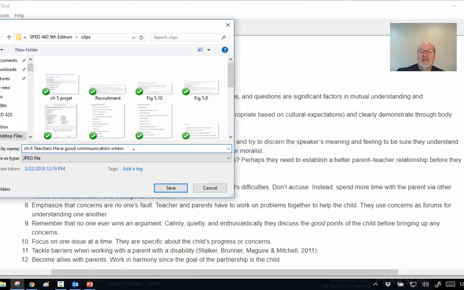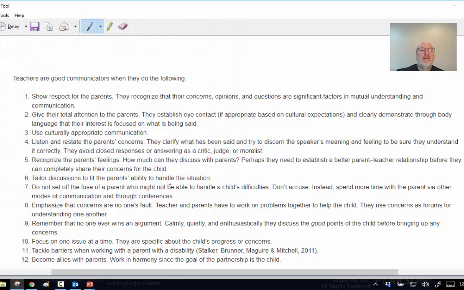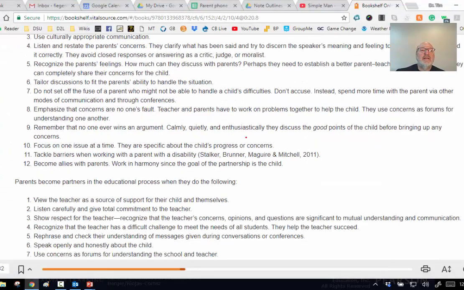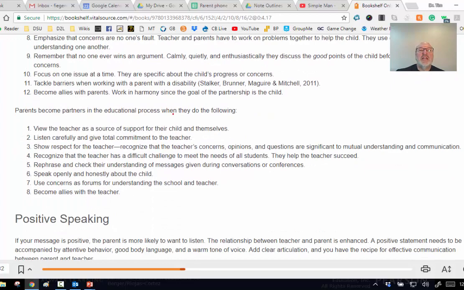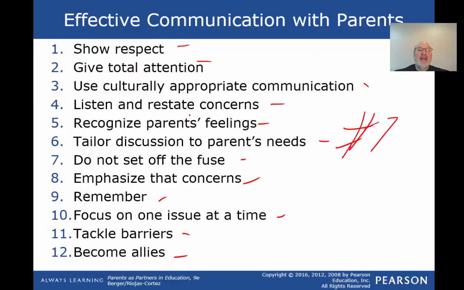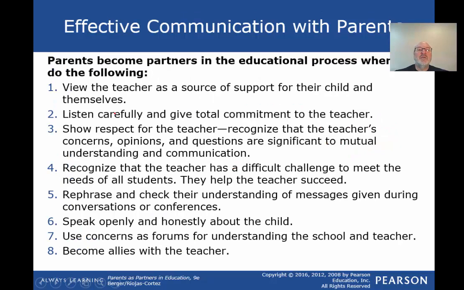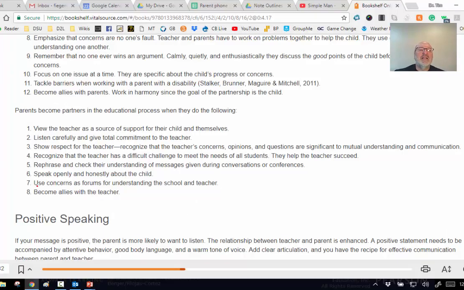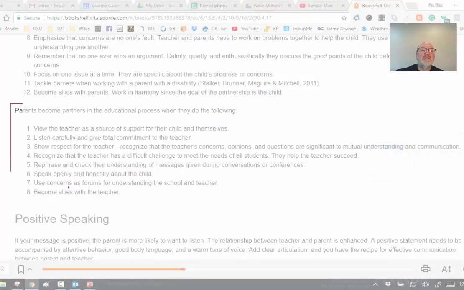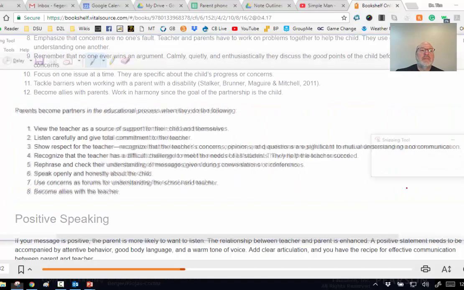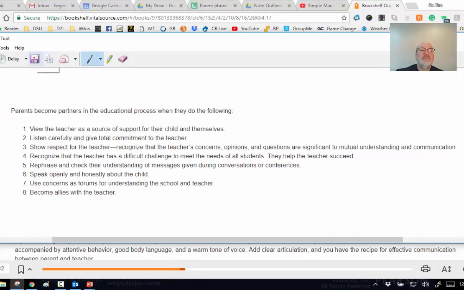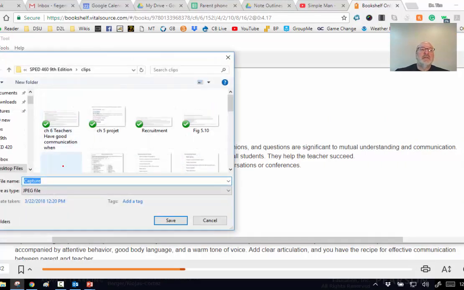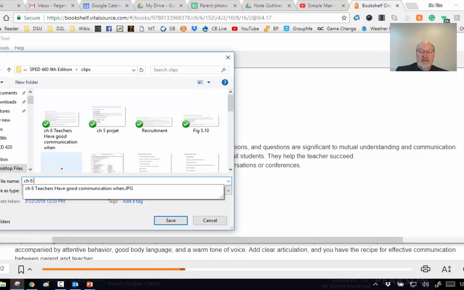Okay, and this: parents become good partners in the educational process when they do the following. And I have that one too, but you don't have to do this one. But I think I'm going to clip this also. Leave this here in your notes and look at this. But I'm going to clip this for you to put also on your website as part of your project here. And I'm just going to call it this.